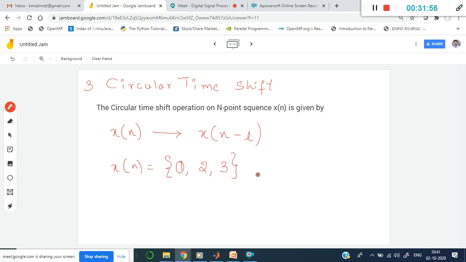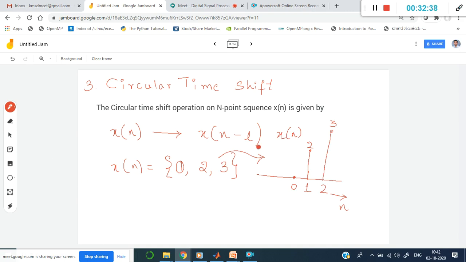The pictorial representation: x of 0 is 0, where the x-axis is time and the y-axis is the signal amplitude. When n equals 1, the amplitude is 2. When n equals 2, the amplitude is 3. That is what x of n is all about.